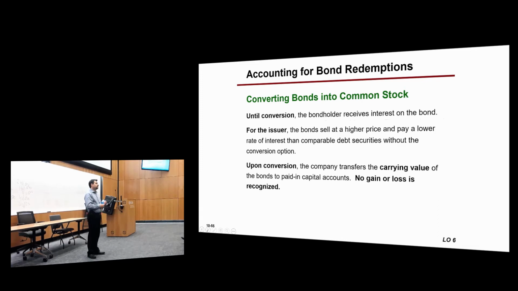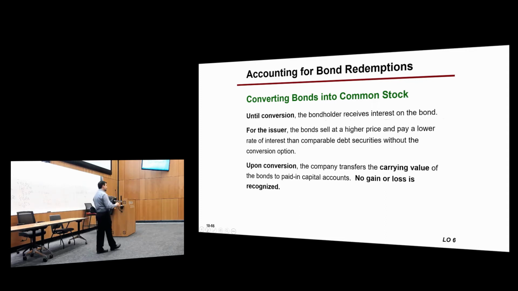When bond owners decide to take advantage of converting bonds to stocks, the company will have to make a journal entry. You have to understand, there will be no gain or loss. The company will not record gain or loss.